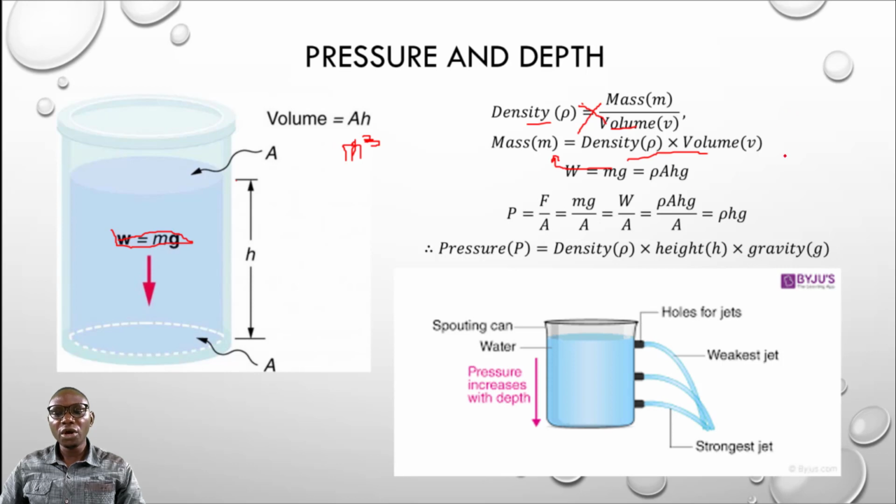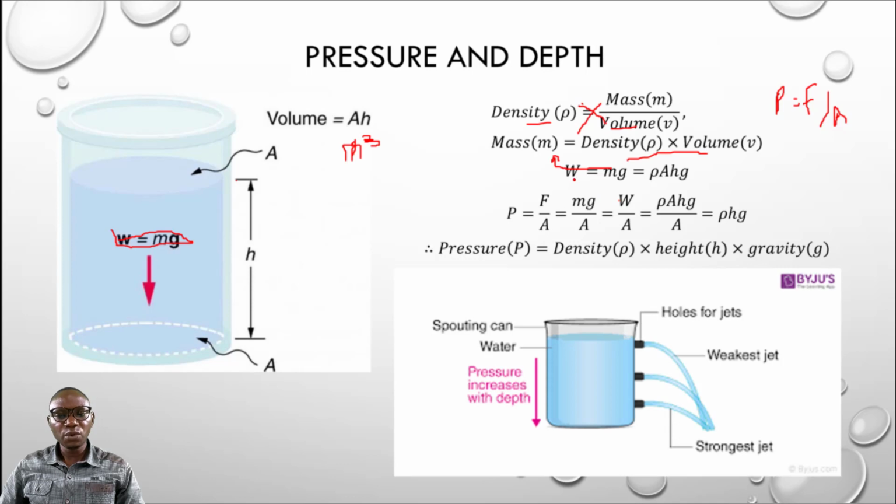Now, if you recall from our previous slide, I said pressure is equal to force over area. Just substitute all these equations into what we have here. Force is mass times acceleration due to gravity, and mass times acceleration due to gravity here is the weight of the fluid inside the container.